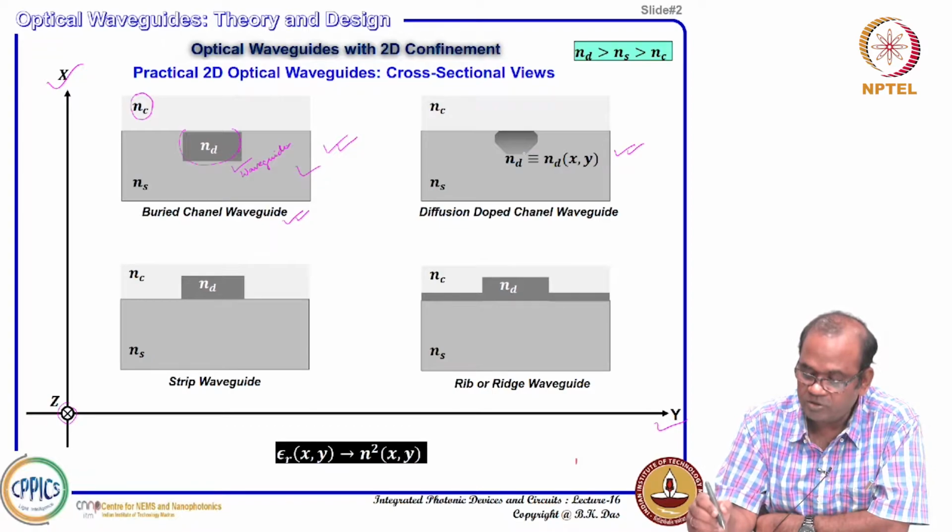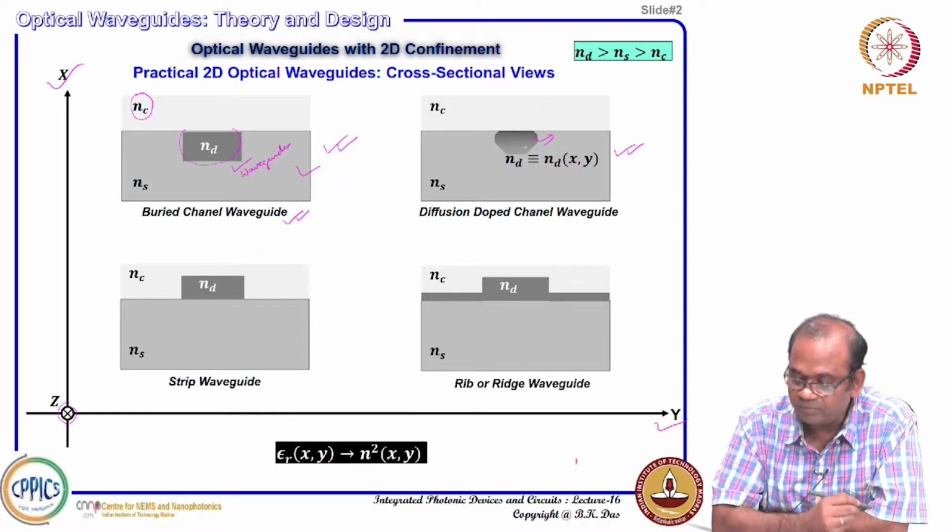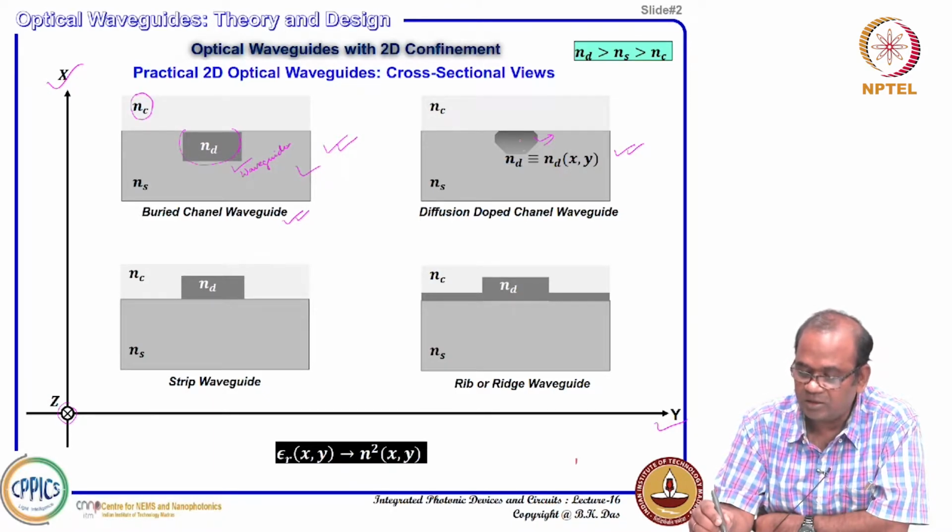Okay. And another type of waveguide is normally popular in certain technology platforms, in which the substrate is doped with some other material, so that in a specific selected region certain atoms will be indiffused and doped, and that will enhance the refractive index.